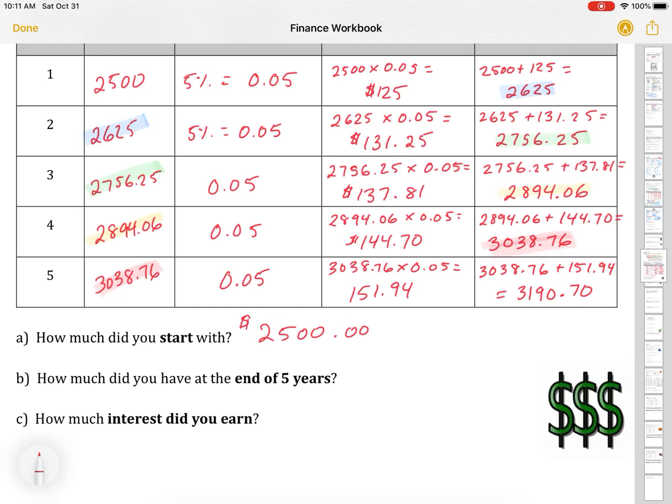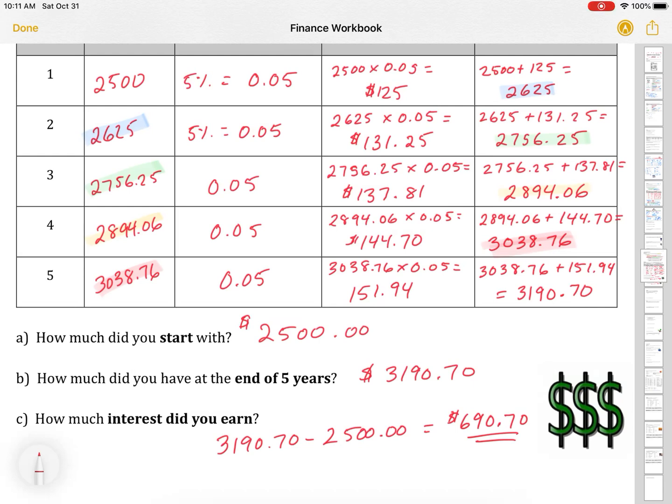How much do we have at the end? 3,190.70. How much interest did we earn? Well, if we take 3,190.70 and we subtract 2,500, we get 690.70. So that's how much money we earned in 5 years on our initial.